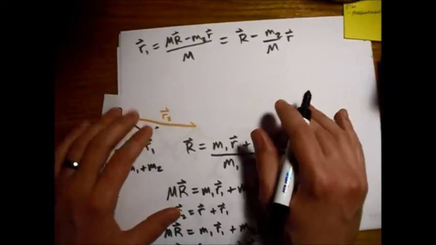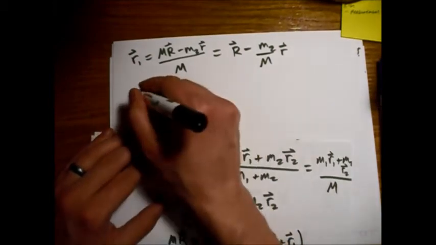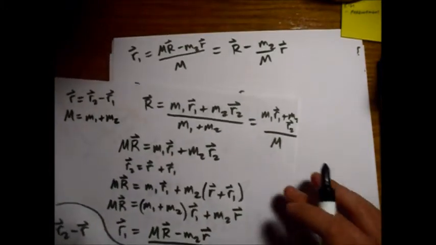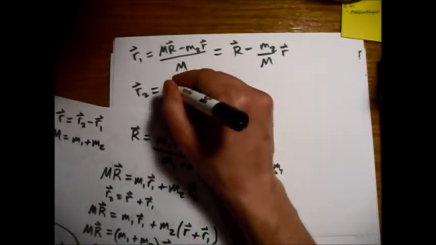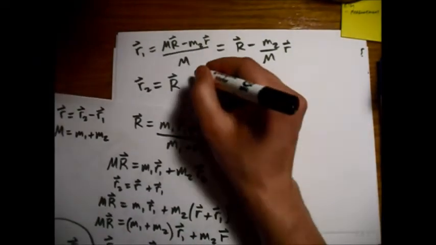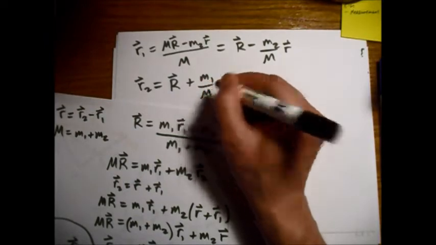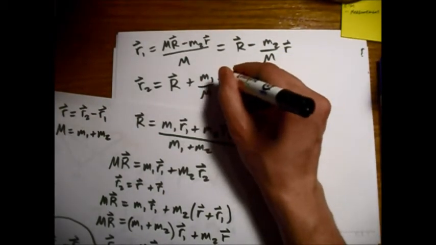And then same goes for R2. Same story with this equation right here. I will get a big R, except now we have a plus sign here, plus an M1 over big M times little r.